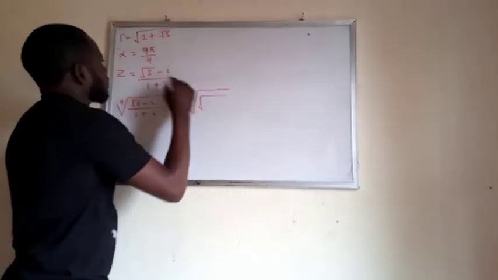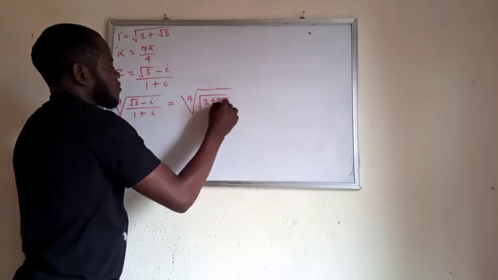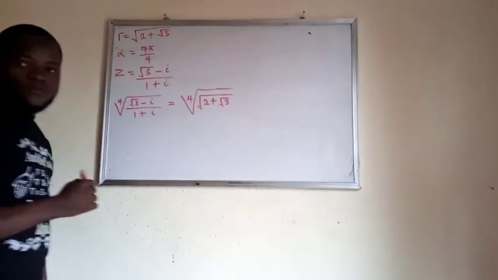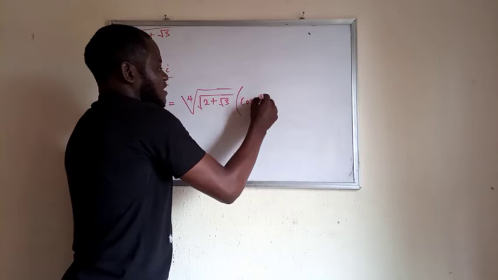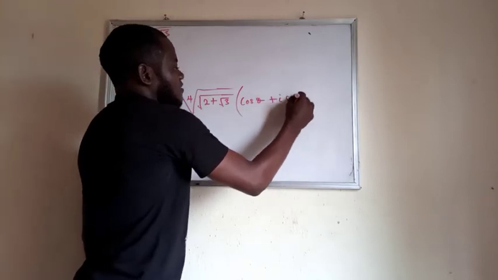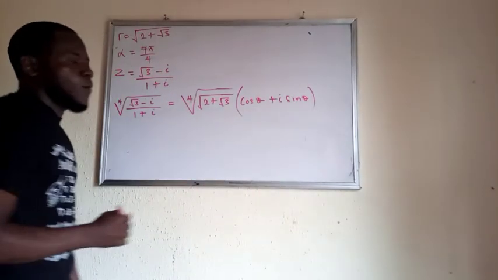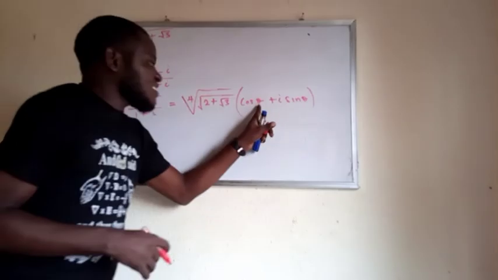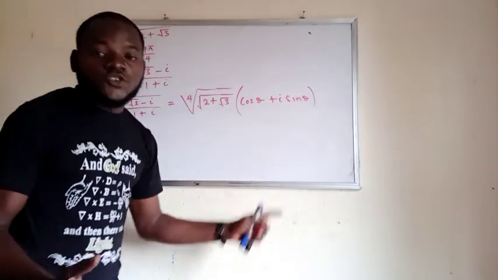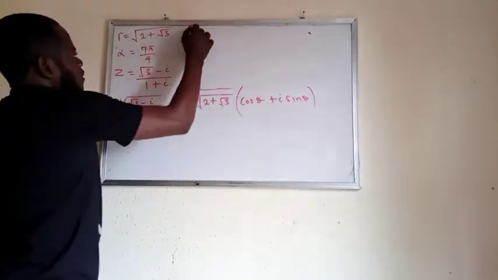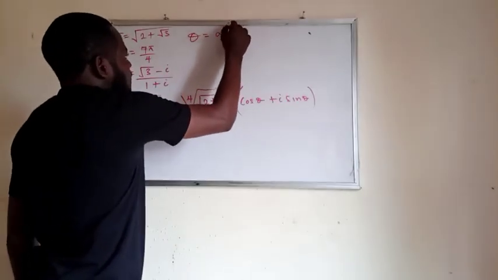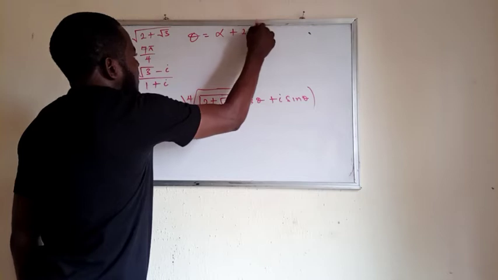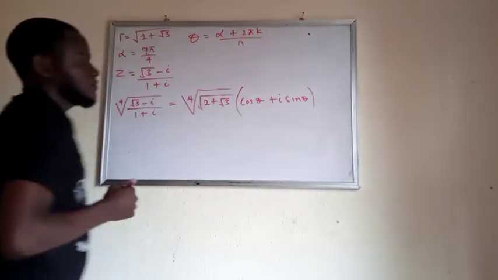of 2 plus root 3 into brackets cos theta plus I sine theta. What is the value of theta? You know, because you know that theta is equal to alpha plus 2 pi k all over n.